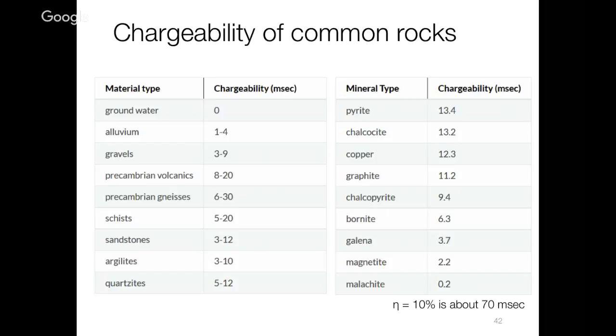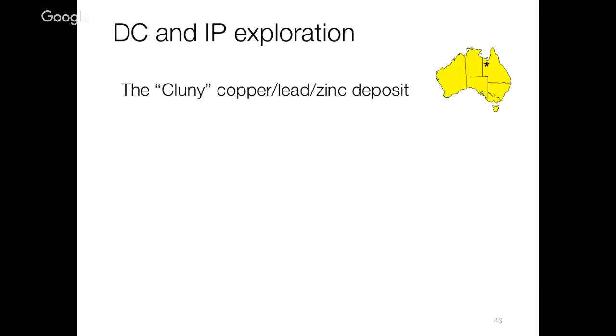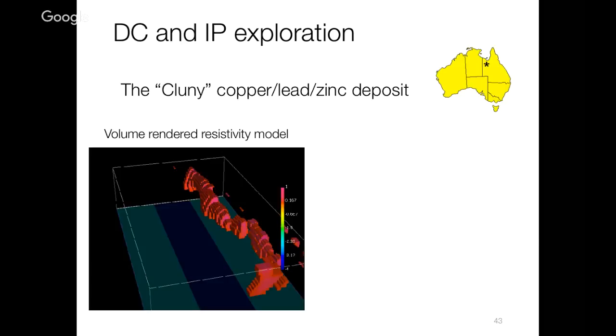So if you have those minerals in your ore body, then you'll actually see charge. And I'll show you an example when we do this. This was a mineral deposit in northern Australia.